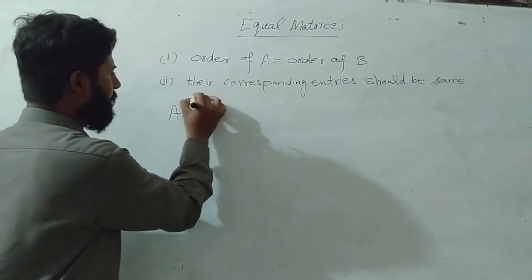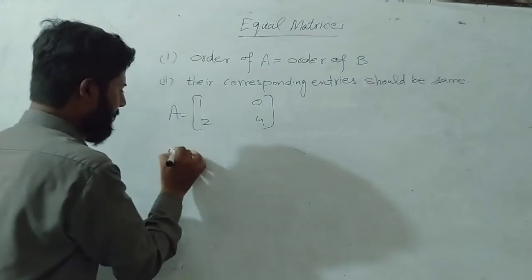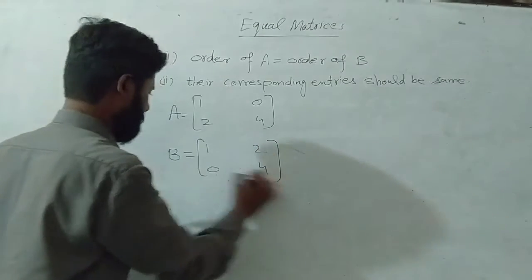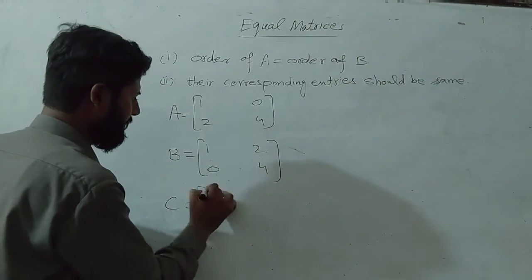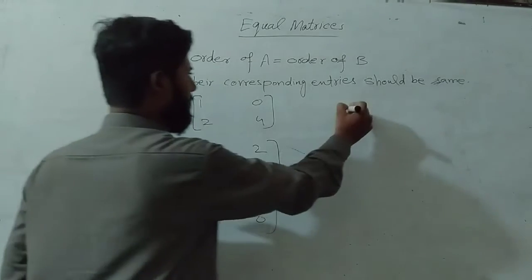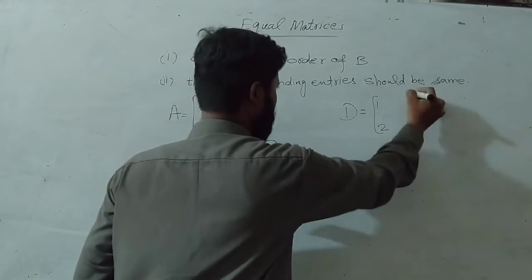For example, we have a matrix A that is 1 0 2 4, another matrix B that is 1 2 0 4, a C matrix that is 1 2 4 0, and a D matrix which is 1 0 2 4.